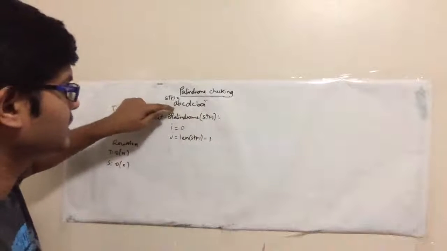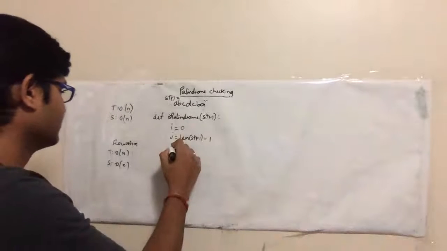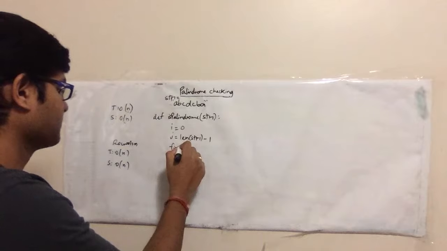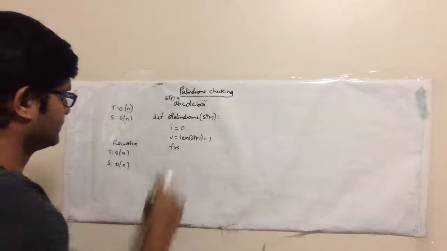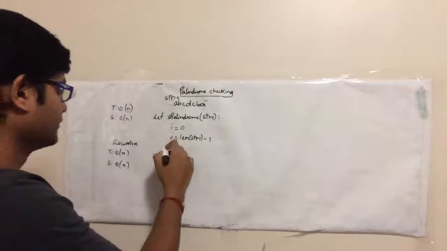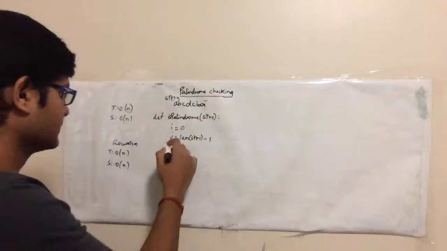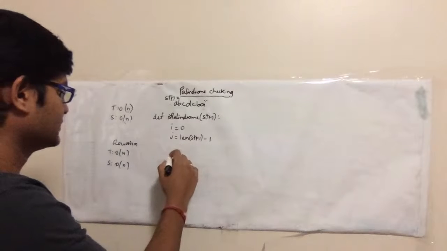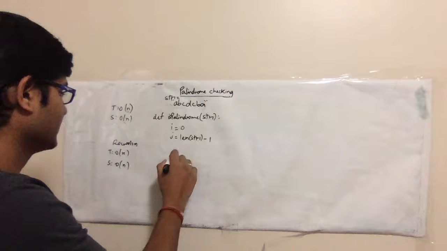So what we can check, we can check the first. Okay, I will do it like this. We got the i and j, and we need to just check the first character.